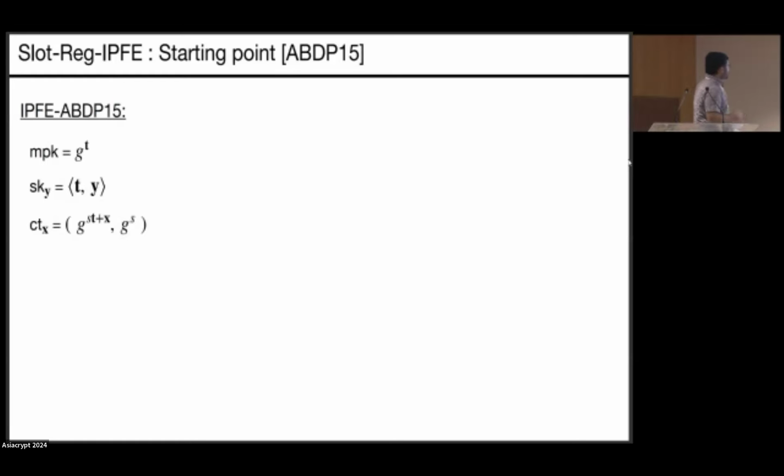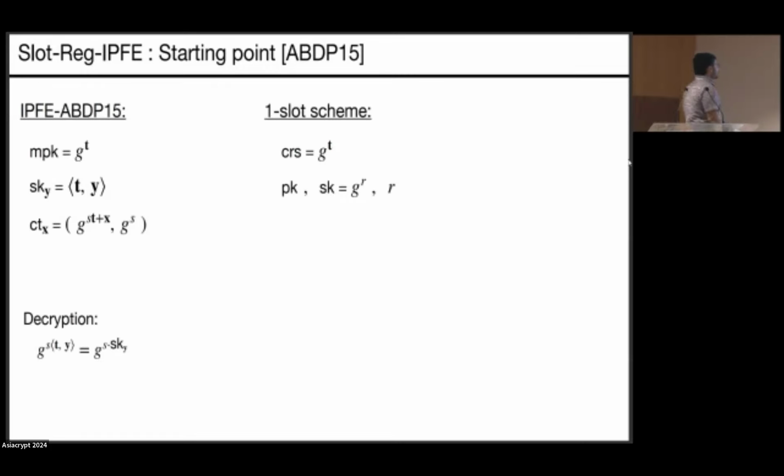The secret key corresponding to a vector y is of the form inner product of t and y, and the ciphertext encrypting the vector x is g to the power s plus x, comma g to the power s. This is an ElGamal-style ciphertext with randomness s. Now we can compute the masking term, which is g to the power s times inner product of t and y, in the form of g to the power s times the secret.